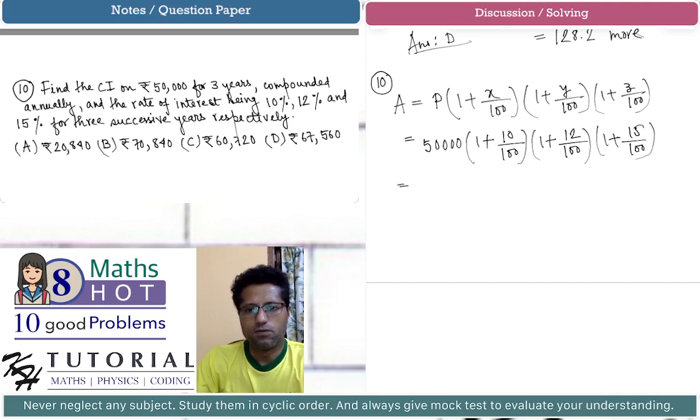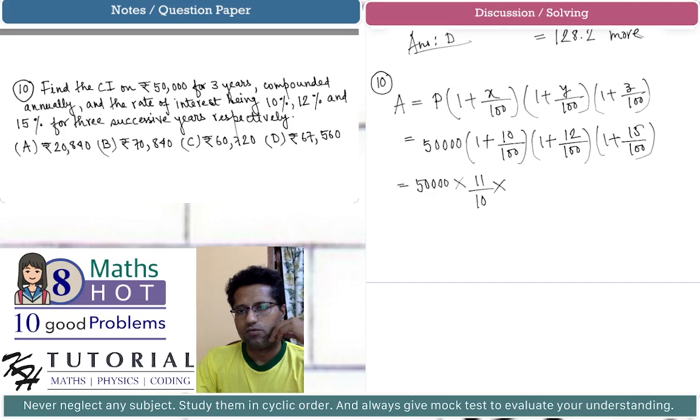So this is equal to 50,000 multiplied by the first factor, 1 plus 10 by 100, which is 1 by 10, and 1 plus 1 by 10 is 11 by 10, multiplied by 1 plus 12 by 100.